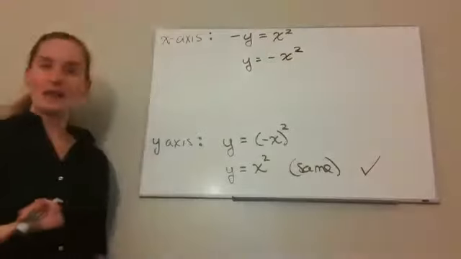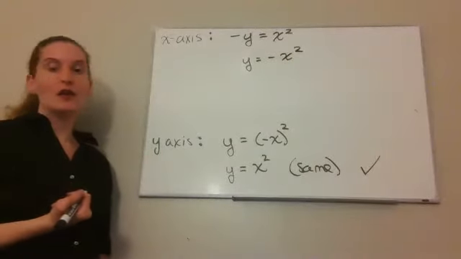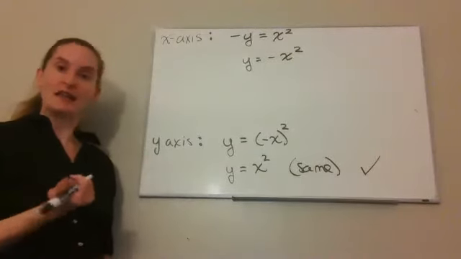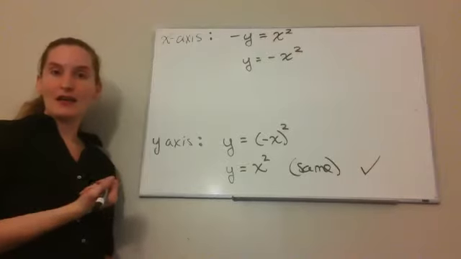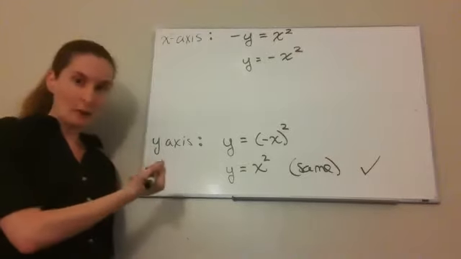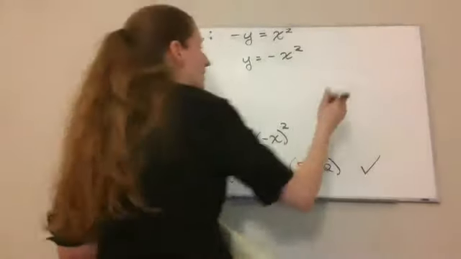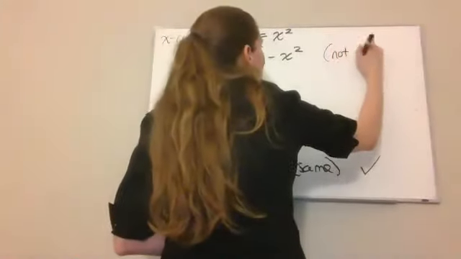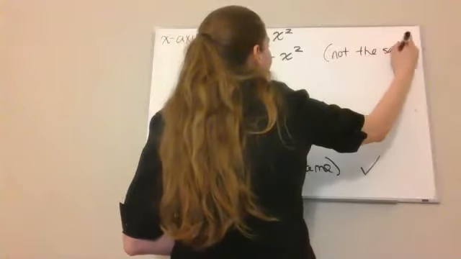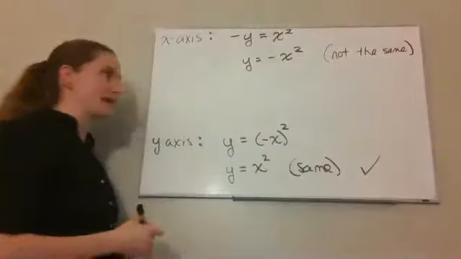And I get y equals negative x squared. Notice this is not negative x inside of parentheses squared. It's a negative x squared. So this is not the same equation that we had before. And so we are not symmetric with respect to the x-axis.